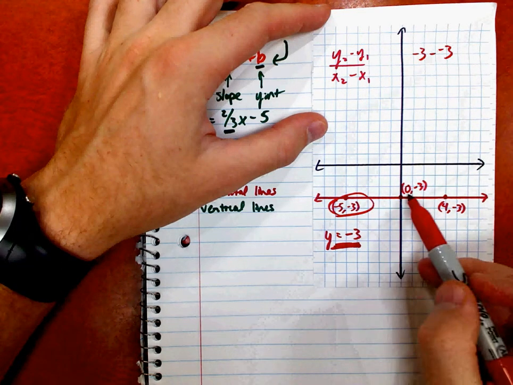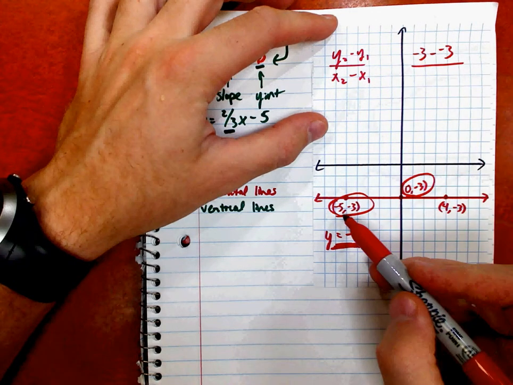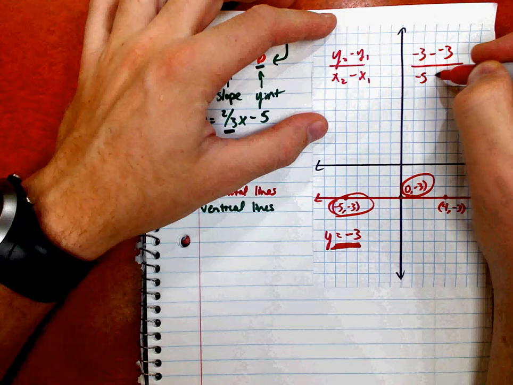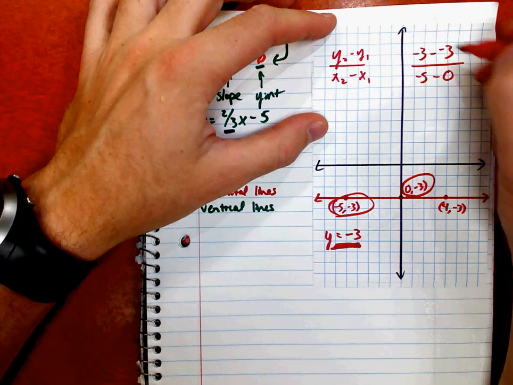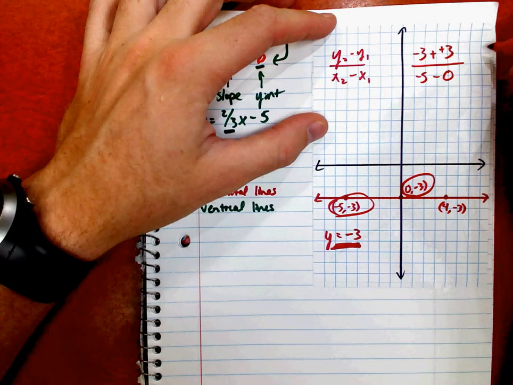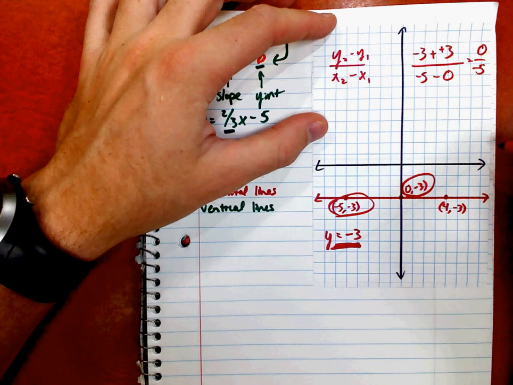Let's just choose these 2 points here. And in the denominator here, the difference between the x values will be -5 minus 0. Don't forget that subtracting a negative is the same as adding a positive, so we will always end up with 0 divided by some constant, meaning that our slope will always be 0.